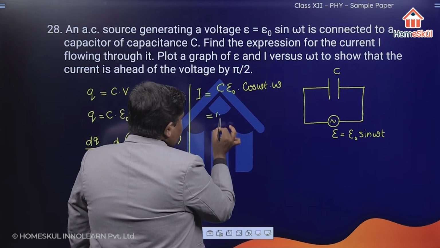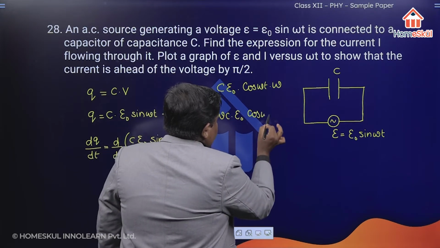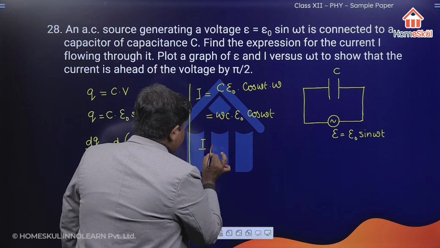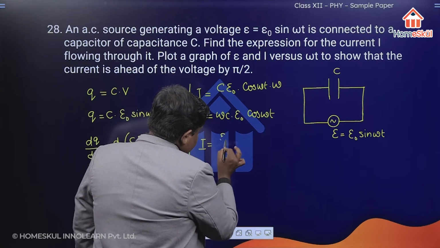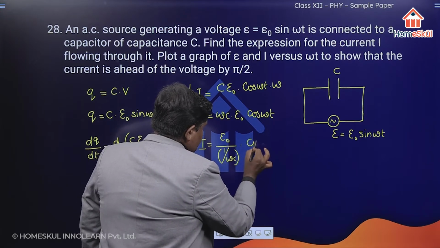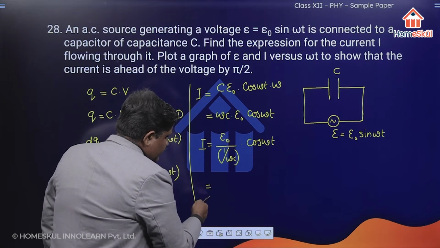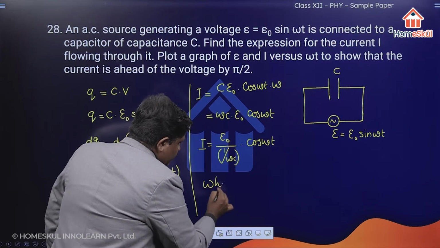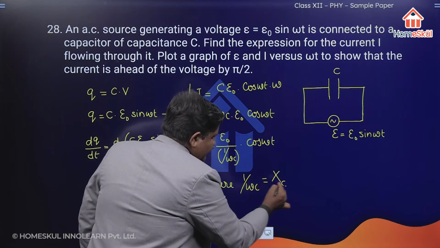Rearranging, we get omega C into E0 into cos omega t. Therefore I is equal to E0 by 1 by omega C into cos omega t, where this 1 by omega C is known as XC.